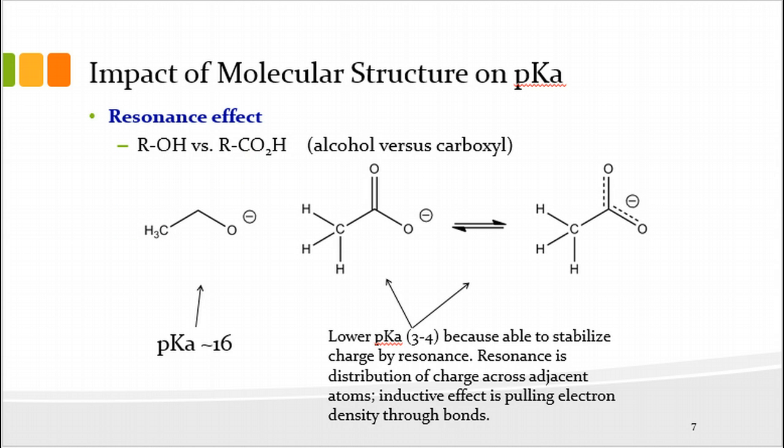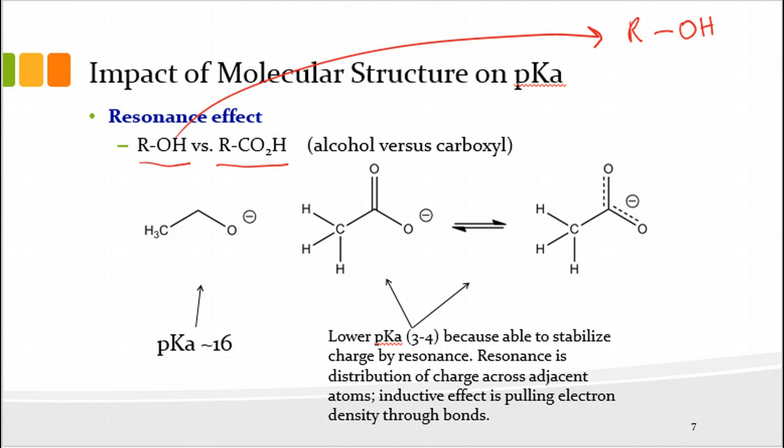Resonance is largely why these two species are acidic in the first place. And one way to look at that is to look at an alcohol versus a carboxylic acid, right? So if you remember, an alcohol is just a molecule that has a hydroxyl group on it. The rest of the molecule is symbolized by R, right? So that's that guy.